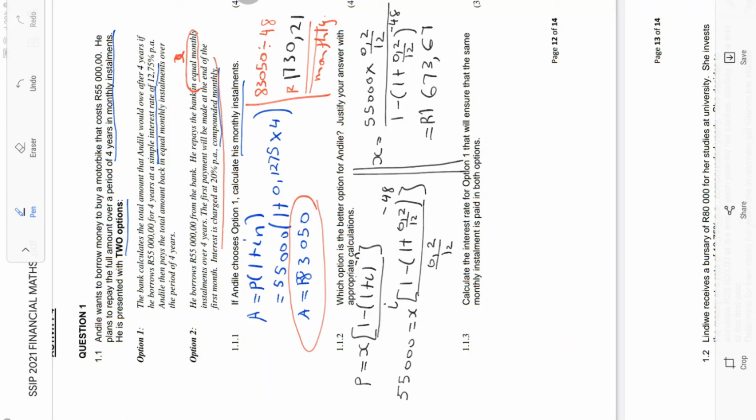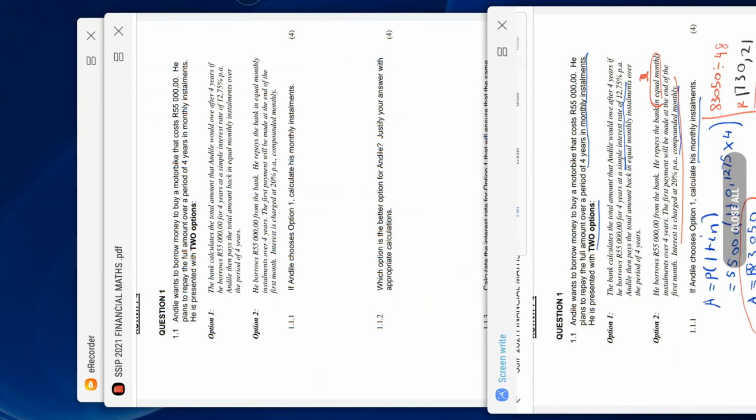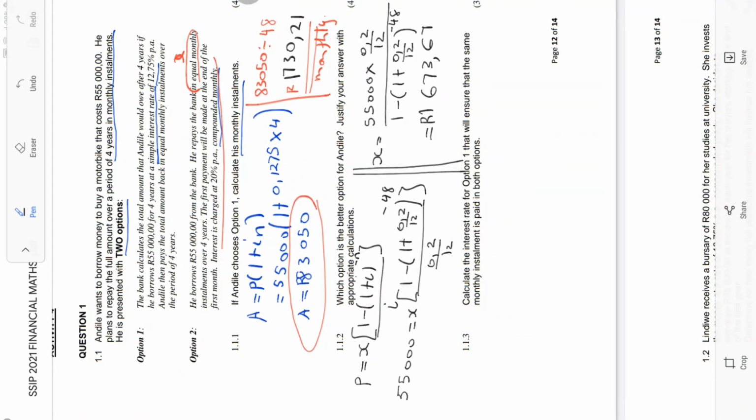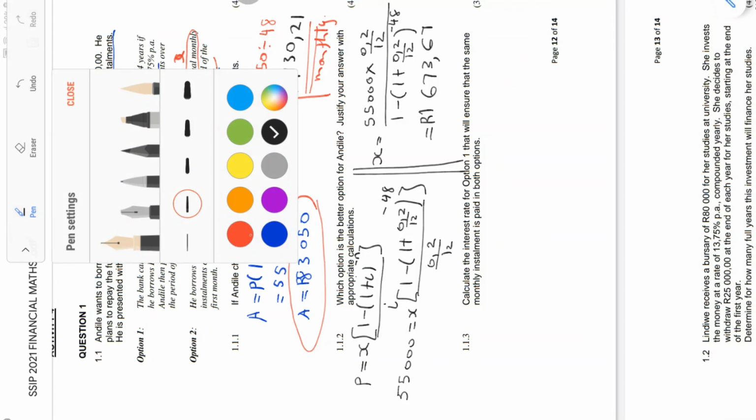The question again, sorry about that: which option is the better option for Andile? Justify your calculation. Then 1.1.3, calculate the interest rate for option 1. Okay, so from the calculations here, you can see that with option 2, he'll be paying less monthly payments over a period of 48 months.